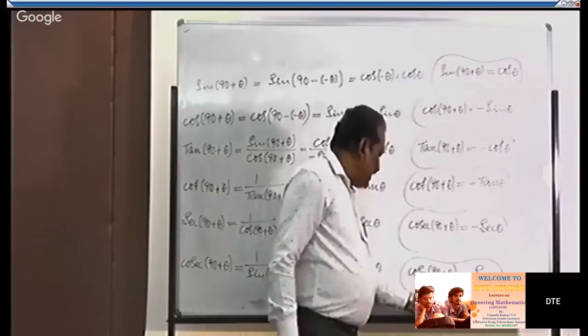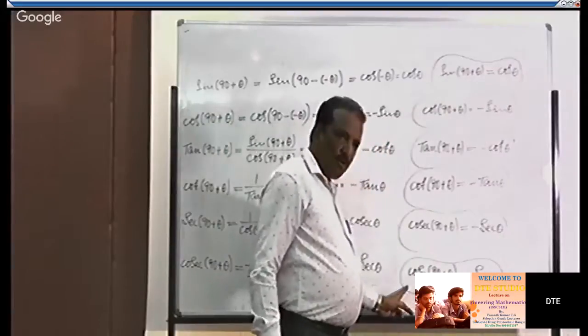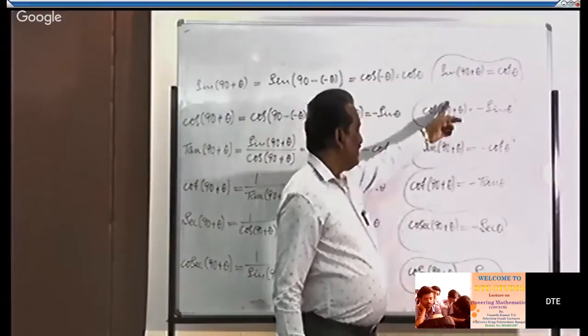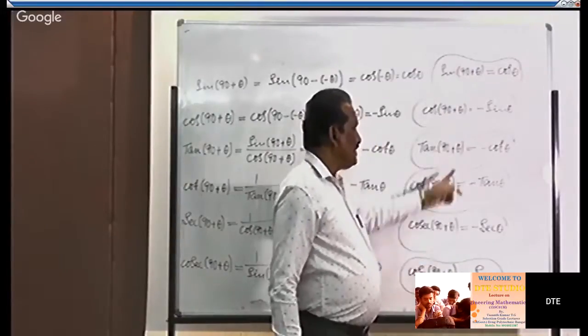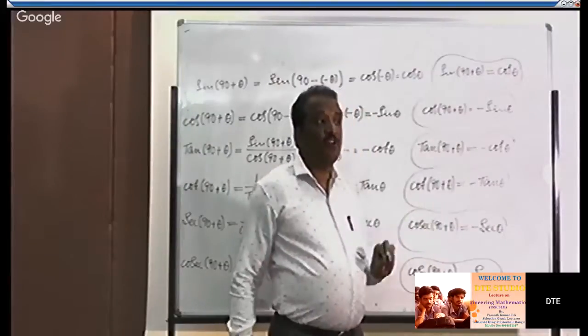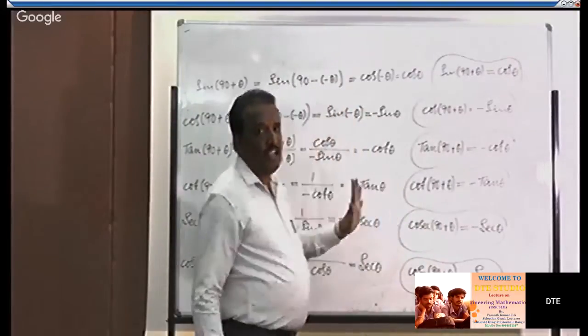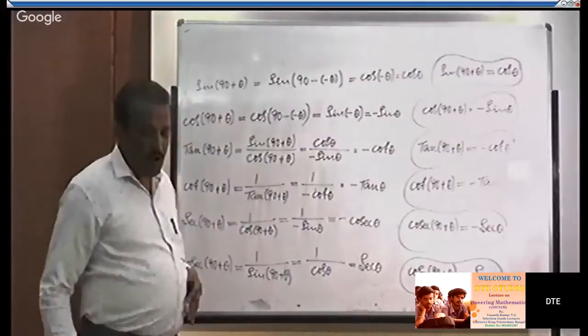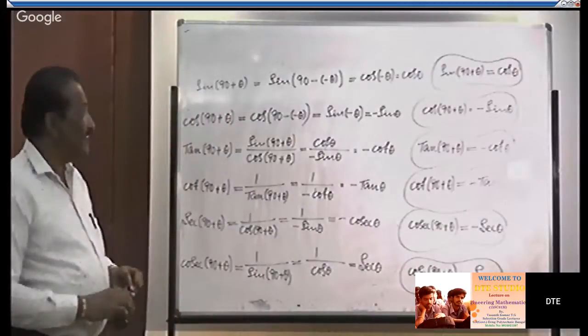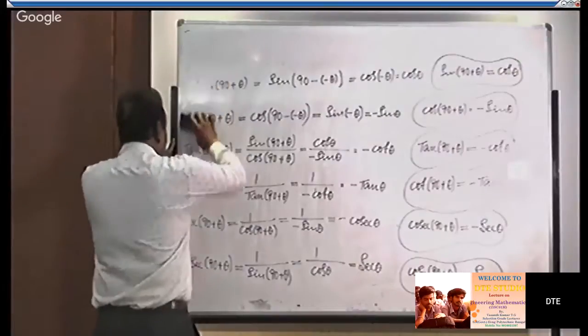When we connect 90 plus theta to its reciprocal cosecant, the result on the RHS is positive, and the rest of the trigonometric functions on the right hand side will be assigned a negative sign. So this is how one can check the obtained results with the ASTC rule of signs.